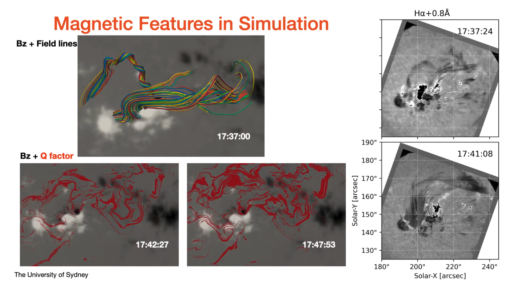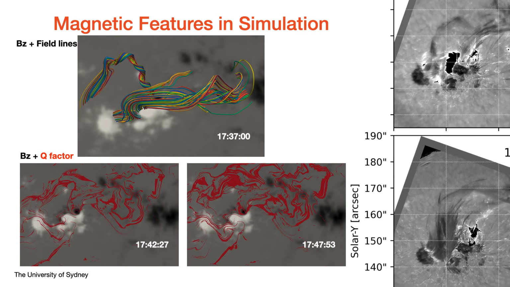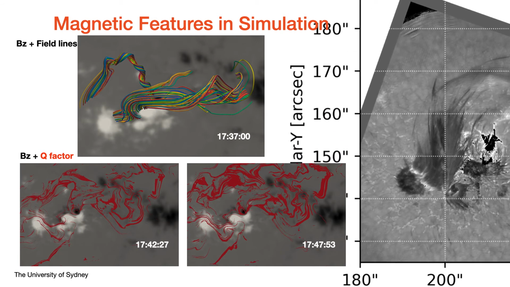In this case, we also found it in the high-resolution H-alpha observations. If we zoom in on the H-alpha images, we can find the corresponding ribbons. They all indicate the boundaries of the twisted structures, especially the spiral one, which is a typical hook structure of the flux rope footpoint.